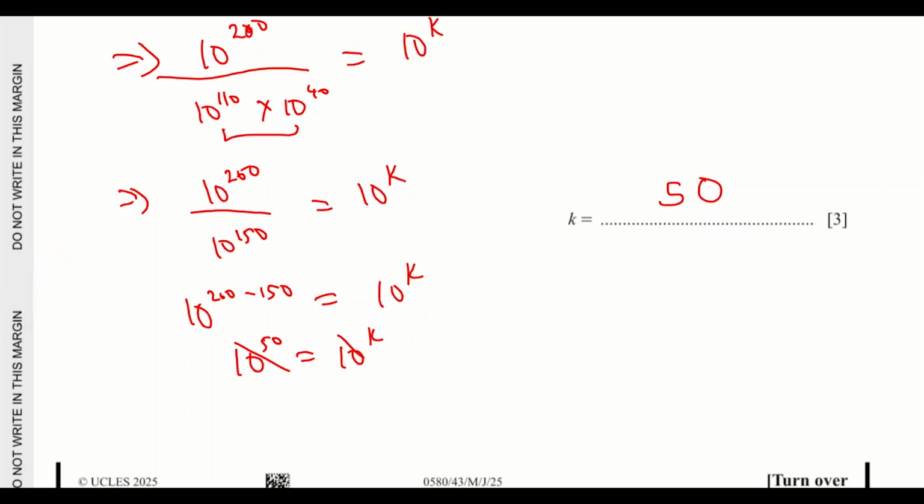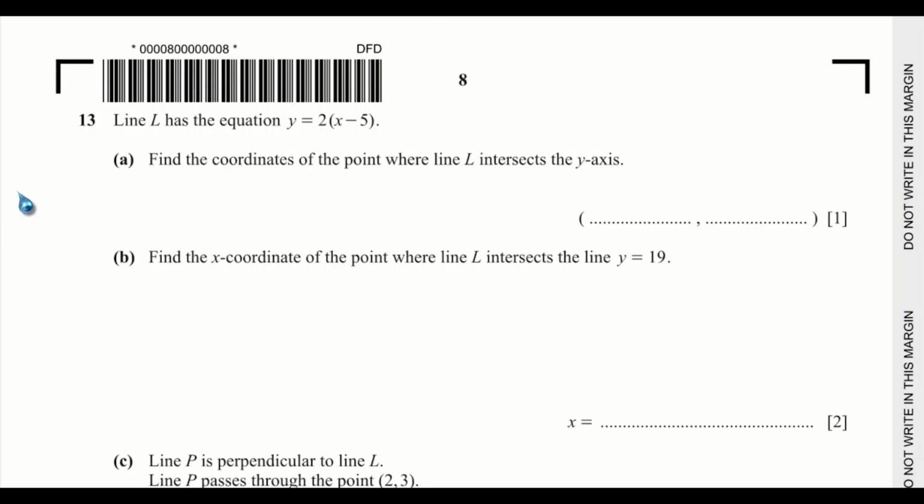Okay, so we can go to the next question. That is question 13a. Line L has the equation y equals this. Find the coordinates of the point where line L intersects the y-axis. If we open this equation, we have y equals 2x minus 2 times negative 10 and negative 5, that will be negative 10.